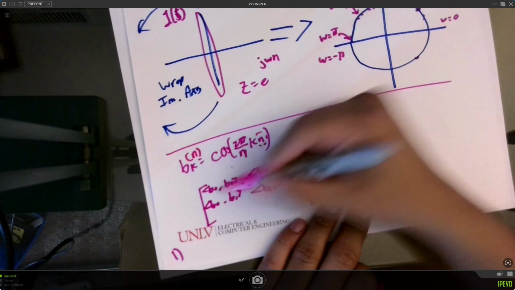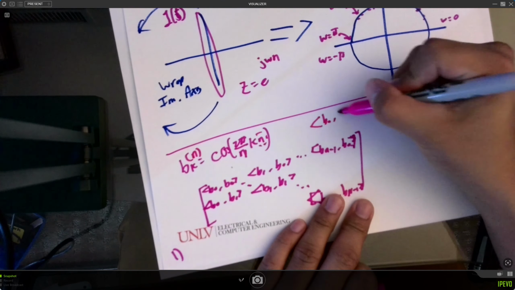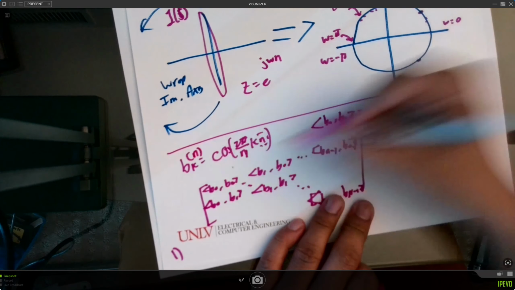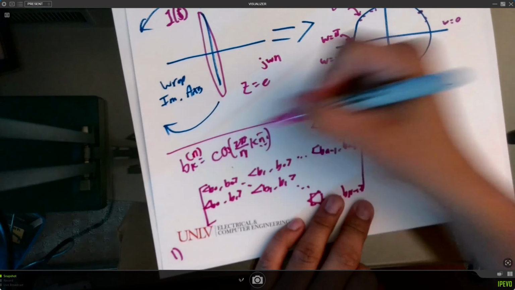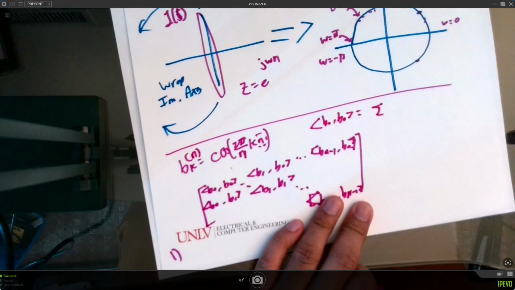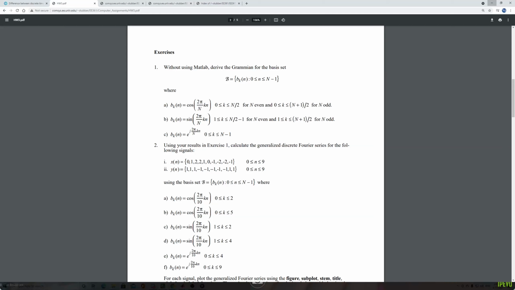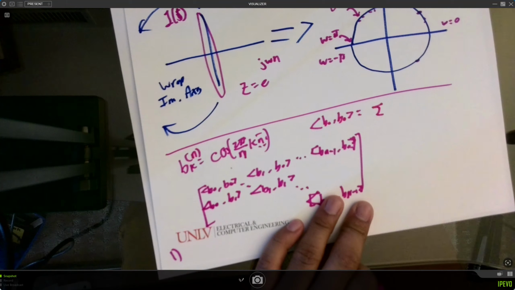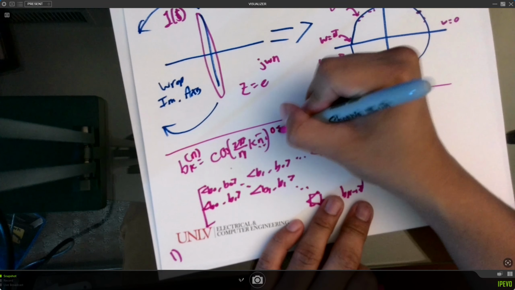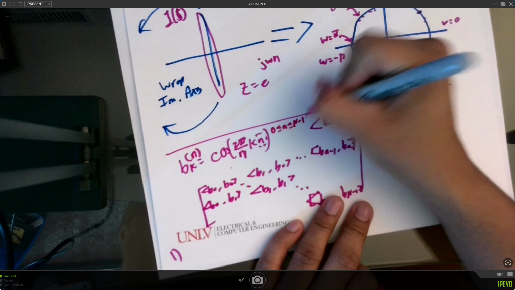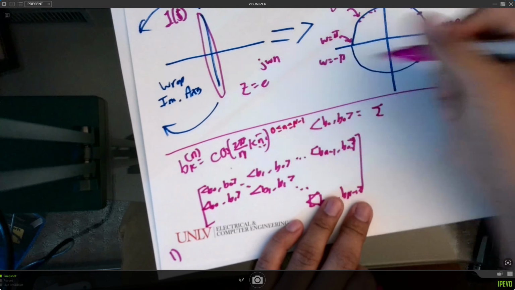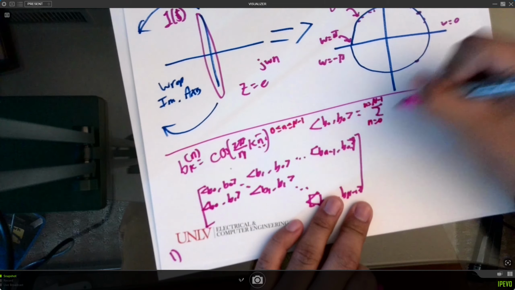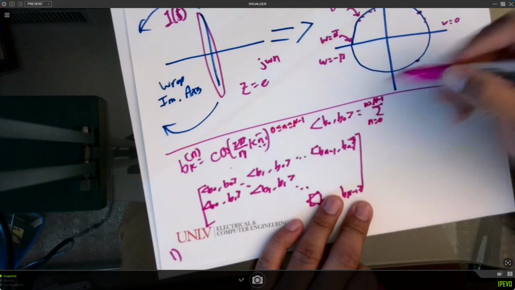So if you wanted to do this, b of 0, b of 0, well, that's easy. Just set this k to 0, and guess what you get? Actually, there's a condition we've got to follow: 0 to n minus 1. So n elements is what we're looking at, lowercase n from 0 to n minus 1.